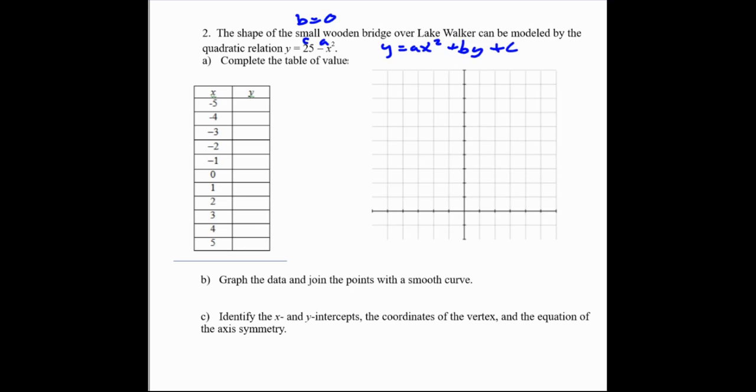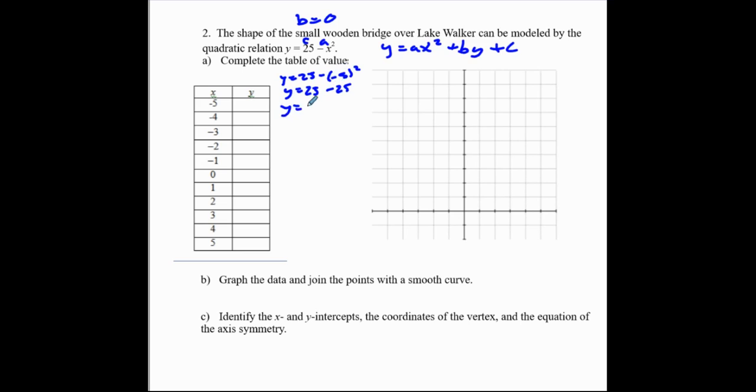So let's say we did negative 5 in for x. Well, we would have y equals 25 minus negative 5 squared. We have y equals 25 minus 25, because look, this would be a positive 25, but this would be a negative.